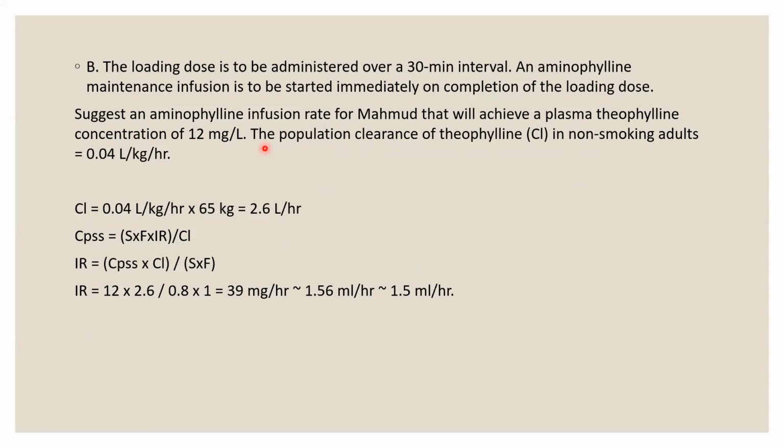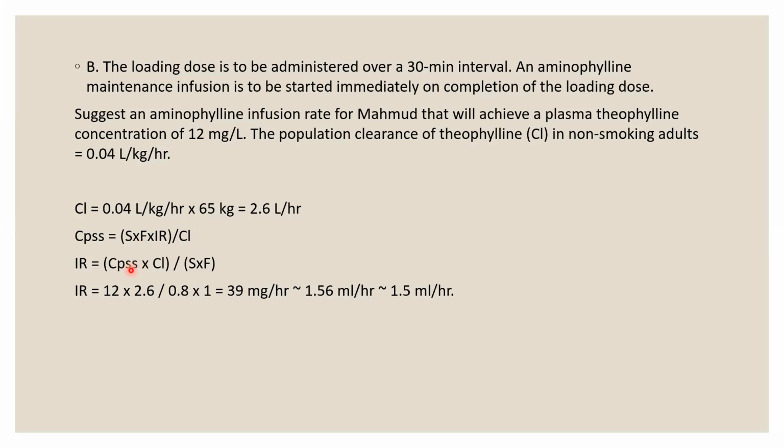So now we want a maintenance of 12. The population clearance in non-smoking adult is 0.04 liter per kg per hour, so we just times the body weight, we get 2.6.